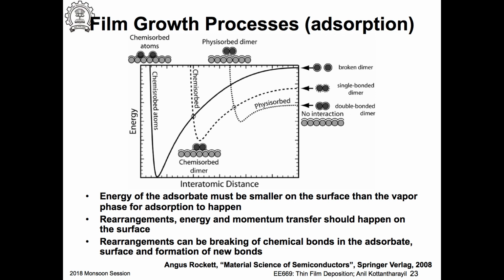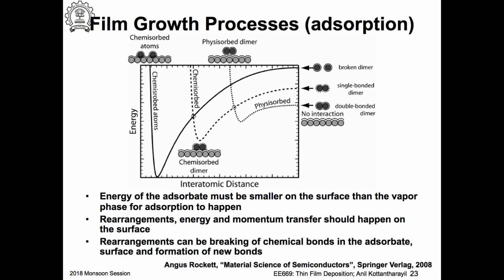So you have different conditions. For example, this is a dimer, which means that you have two atoms coming onto the surface, and it gets physisorbed. But here is actually a single bonded dimer. So this is a very strong bonding between the atoms. But here it is actually a weaker bonding.